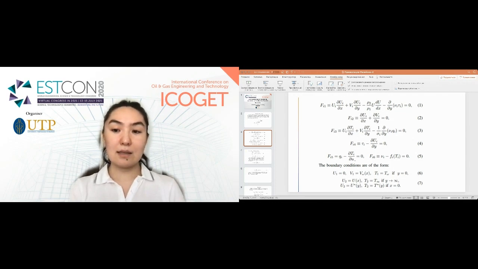We assume that there is a stable border between the media. In this case, the system of equations of a steady incompressible two-phase boundary layer in a rectangular coordinate system takes a form which is represented in formulas 1 to 5.